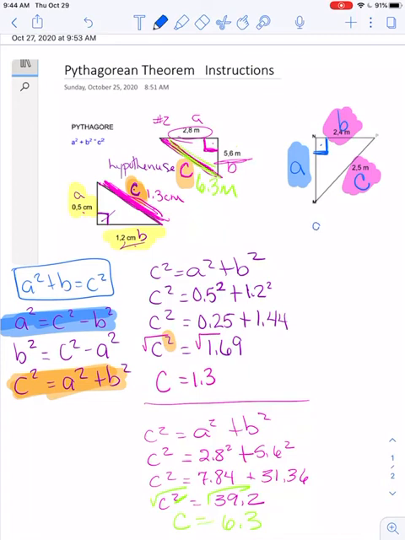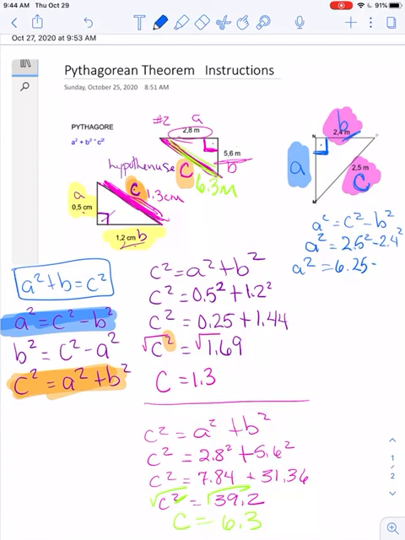So we're going to write A squared equals C squared minus B squared. A squared equals, we're going to use our C, it's 2.5 to the power of 2, minus B, we have 2.4 to the power of 2. First thing we need to do our exponent. So 2.5 times 2.5 gives us 6.25.